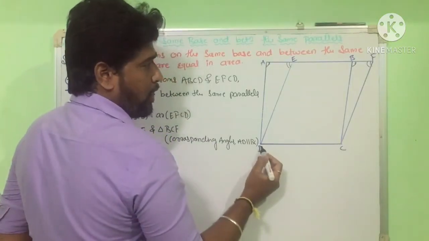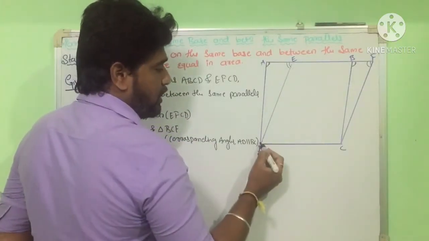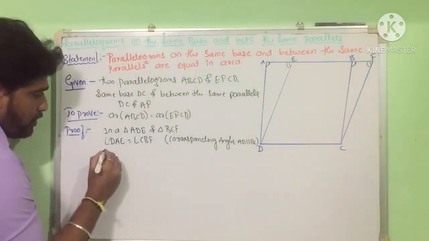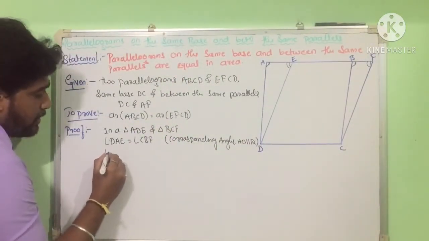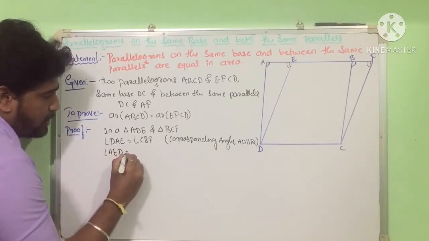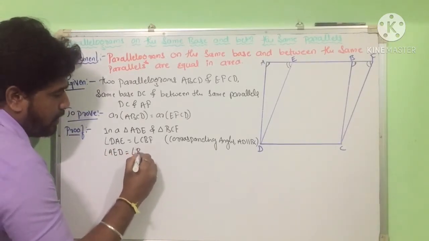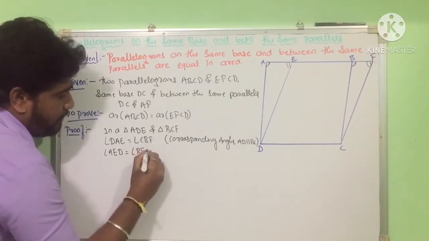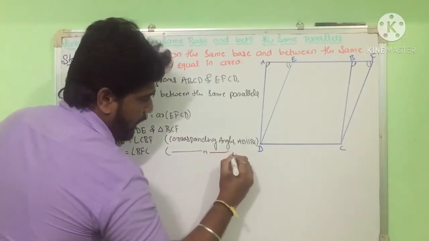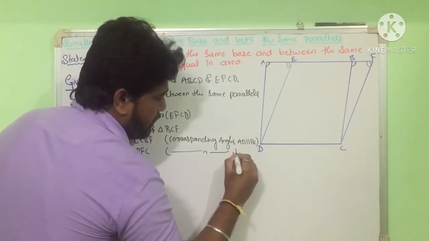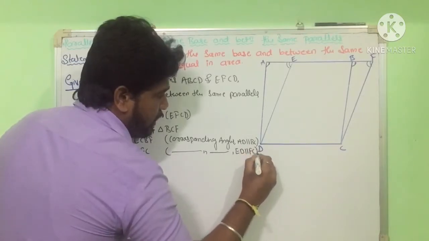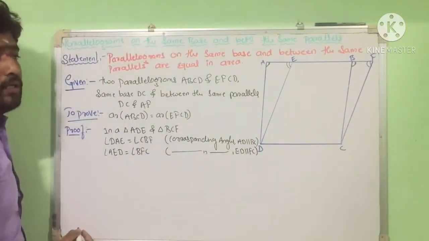EFCD is a parallelogram, which means ED is parallel to FC, right? So write down angle AED is equal to angle BFC. This is also a corresponding angle, ED parallel to FC, right?